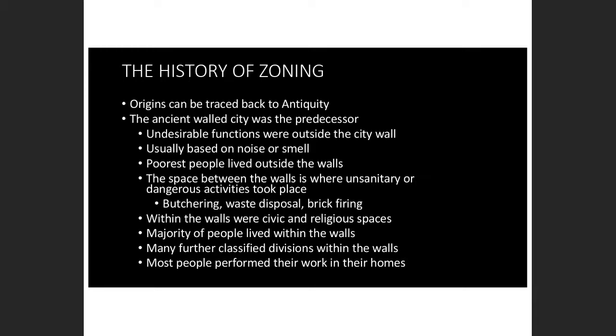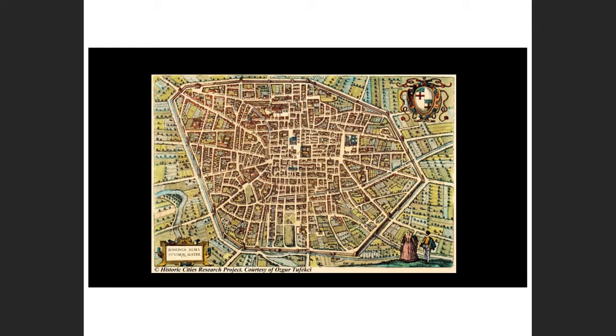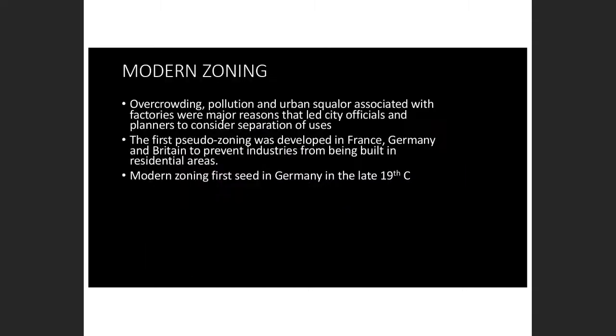We still unfortunately do things like that today. And then inside the walls were the civic and religious spaces, and inside the walls were where people normally live. So we as organizers of towns and cities have been dividing up land uses for quite some time, right?